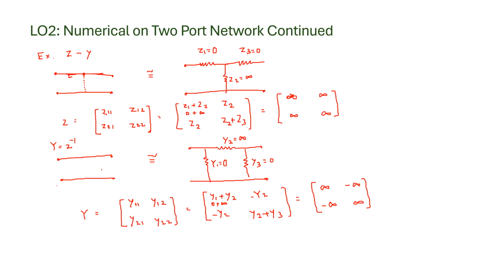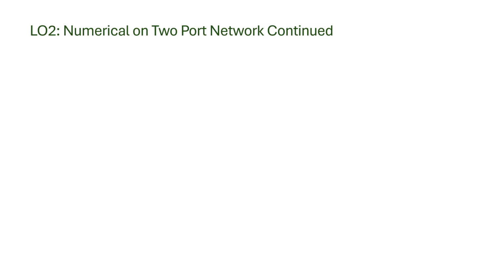Okay, now let us go to the next circuit, the last circuit in this example. Find Z and Y parameters. So they have given this circuit something like this. This is Z ohm, this is also Z ohm.